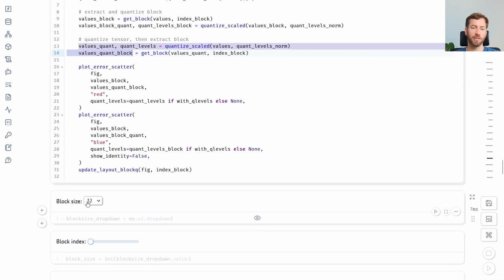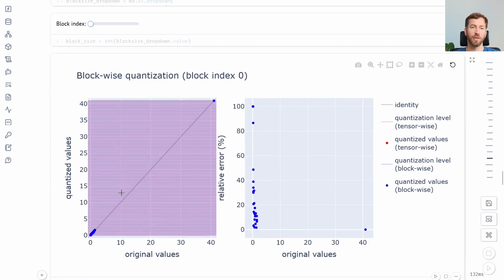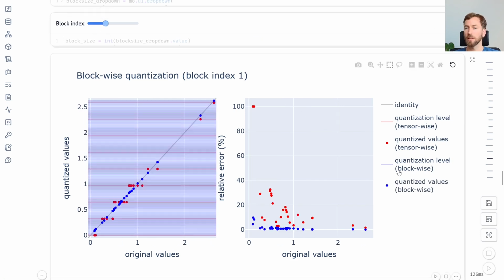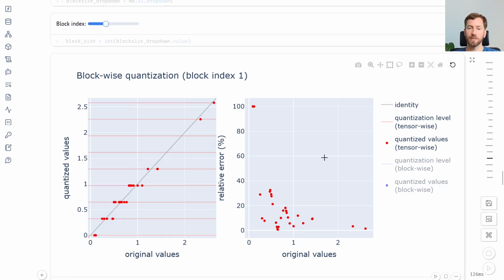If we take a group size of 32 and look at the first block, we see that there's no difference between these two modes. If we go to the next plot, let me just turn off some visualizations. We see as reference the same visualization as we've seen before. There are only few quantization levels left for small values and the relative error is rather high.